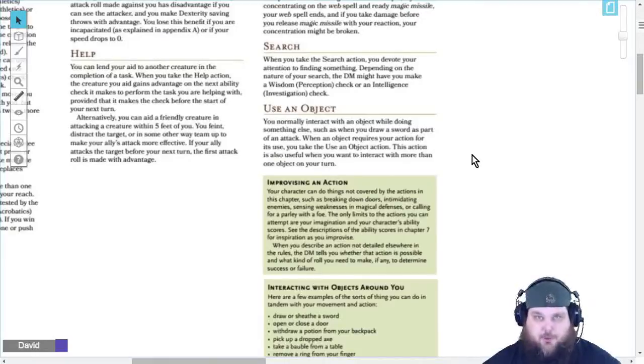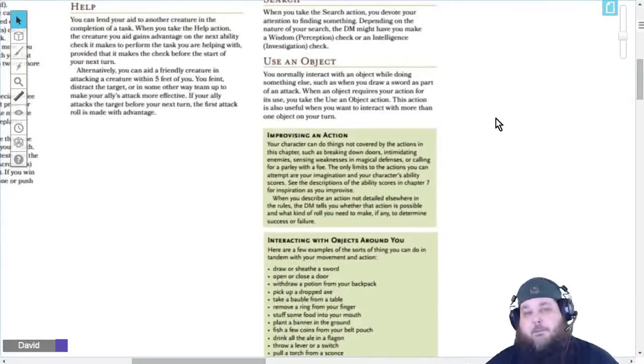So you could use your search action coupled with your movements, and bam, your Dungeon Master will let you do a perception check, investigation, whatever he or she wants you to do. Easy enough, simple enough. Sometimes you'll do the check, sometimes you may find something, sometimes you won't, but that's the chance that you take.